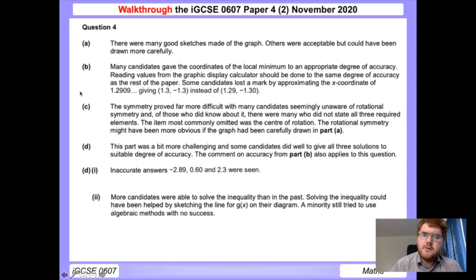A lot of people had problems with this in particular, not noticing that rotational symmetry fits into this topic, and also there are three facts that you need, including that center of rotation, which is really important. For part D, this is a bit more challenging. Again, make sure you write to 3 significant figures, and I think this inequality skill is getting better with our iGCSE students, but you still need to visualize it correctly. Don't use algebraic methods as it says here. That is very, very important.